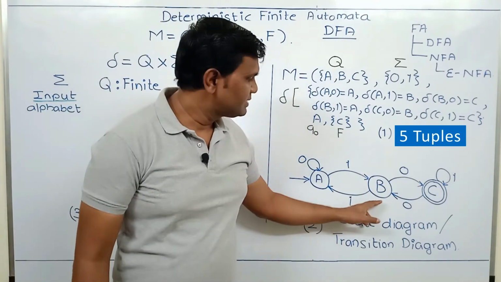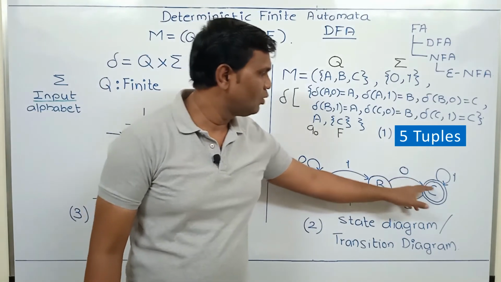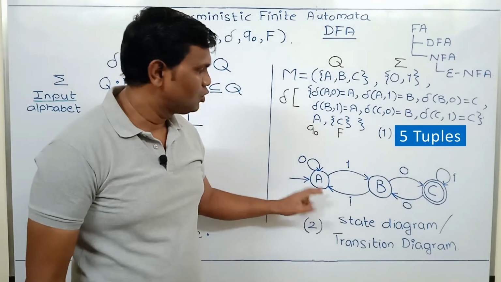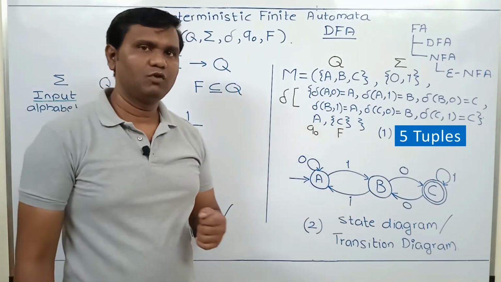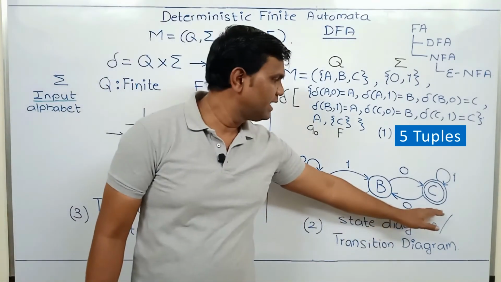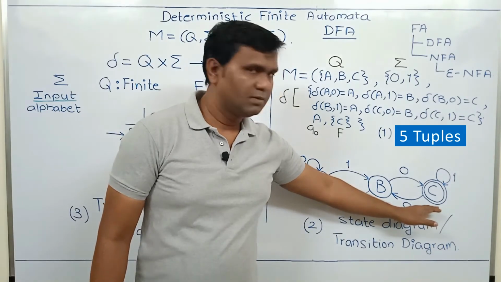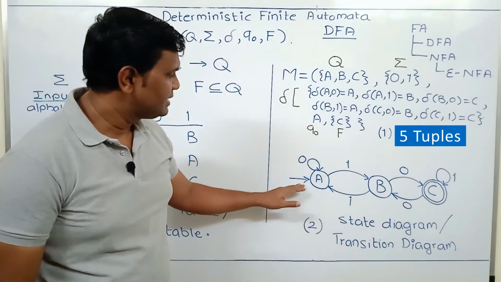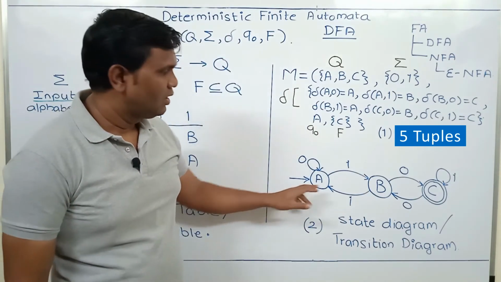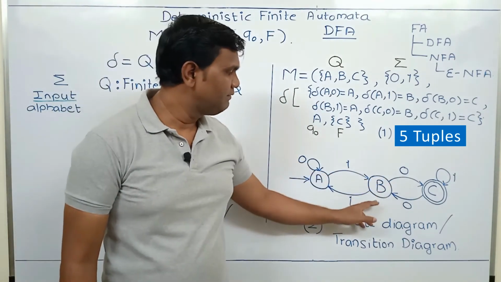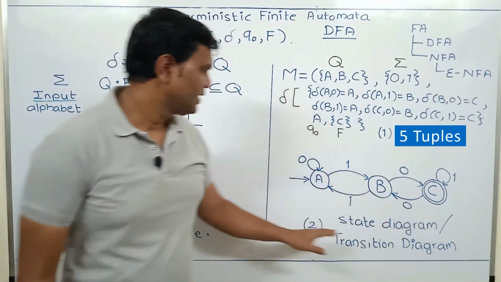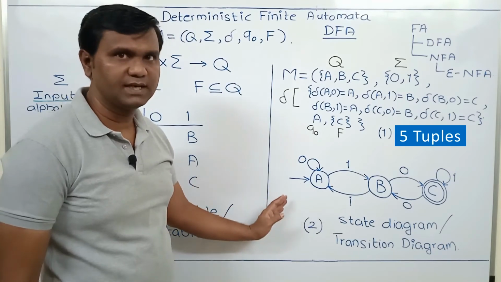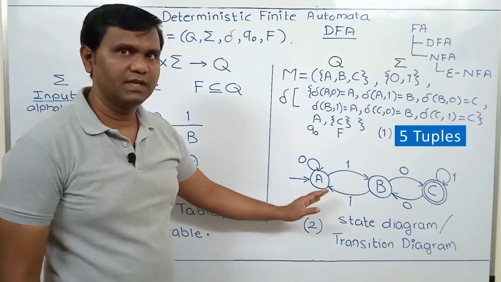So if the DFA is in state B, if it reads 0, it goes to C. While in B, if it reads 1, it will go to A. And for final states, a final state is indicated using a double circle. So here C is the final state. Initial state is indicated using this arrow. All other transitions have a previous state and next state. This arrow which indicates the initial state does not have any previous state because it indicates the initial state.